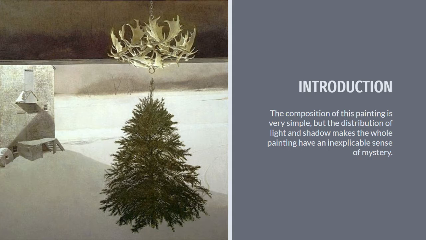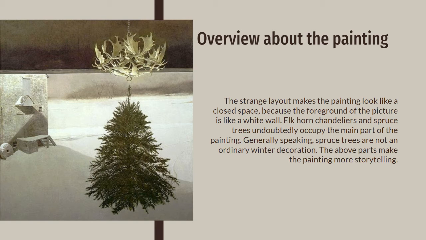The strange layout makes the painting look like a closed space, because the foreground is a white wall, and the elk horn chandeliers and the spruce trees undoubtedly occupy the main part of the painting. Generally speaking, spruce trees are not an ordinary winter decoration. The above parts make the painting more storytelling. That's basically what I was just talking about.